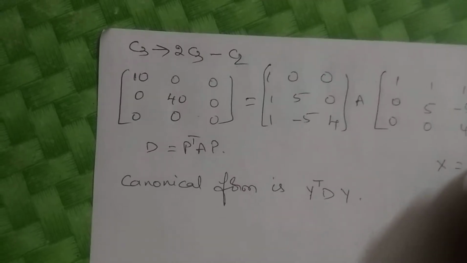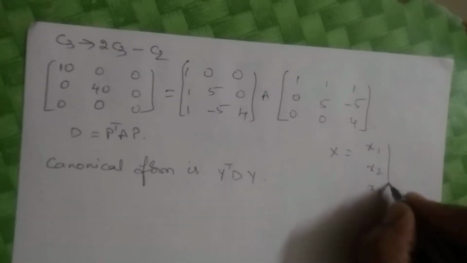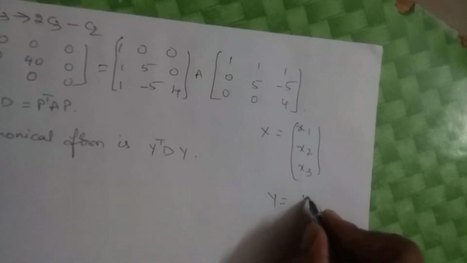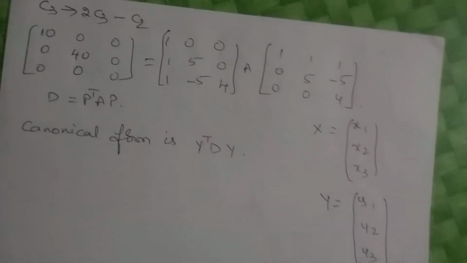Here X is X1, X2, X3, since we have 3 variables. And Y is also Y1, Y2, Y3.